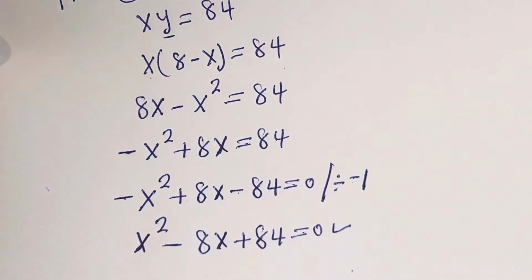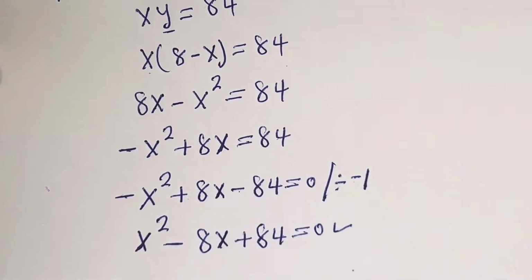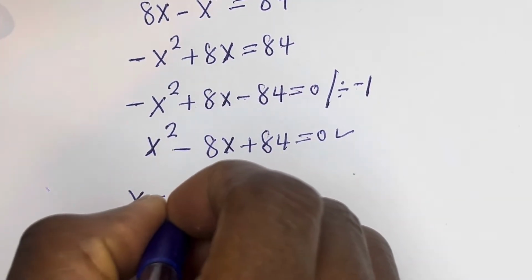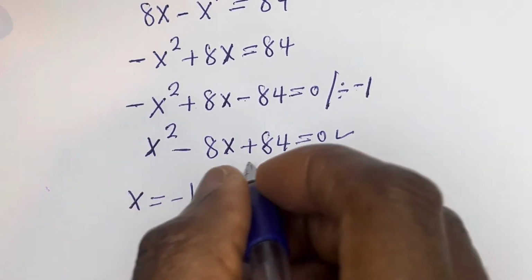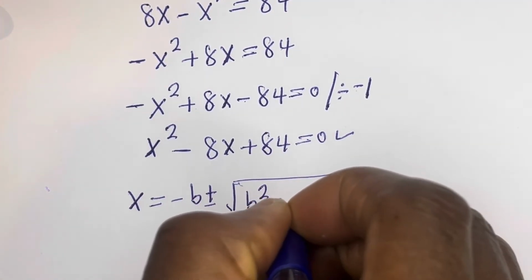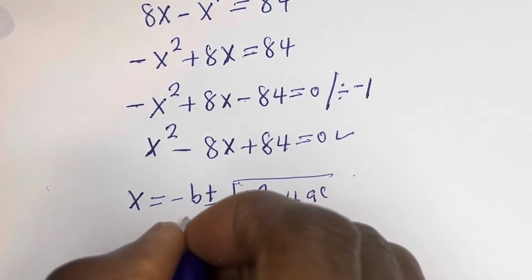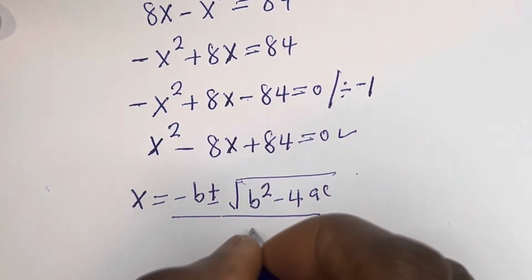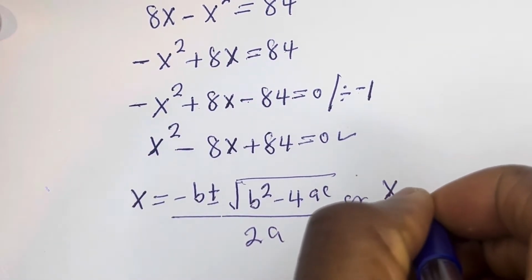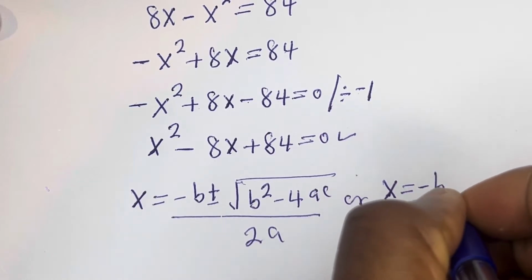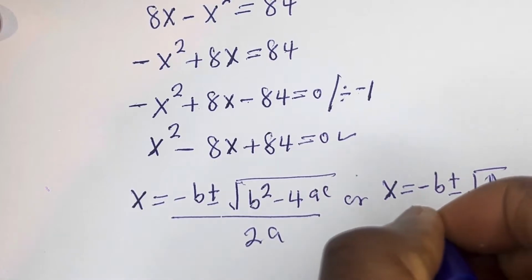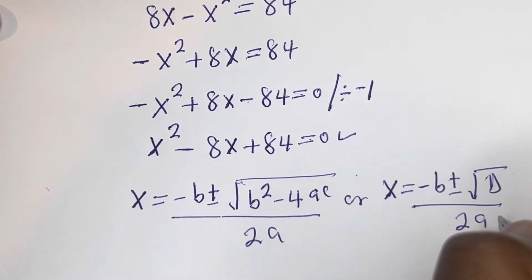This is a quadratic equation. Let's solve this using the quadratic general formula. x is equal to minus b plus or minus square root of b squared minus 4ac over 2a, or x is equal to minus b plus or minus square root of d over 2a.